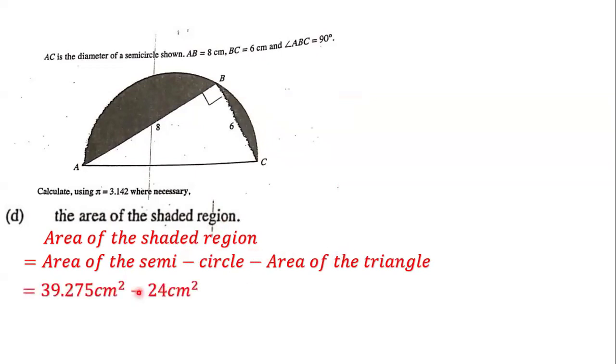The area of the semicircle is 39.275 centimeters squared, and the area of the triangle is 24 centimeters squared. We subtract and we get 15.275 centimeters squared. So that means that the area of the shaded region is 15.275 centimeters squared. And that's the answer to this question.